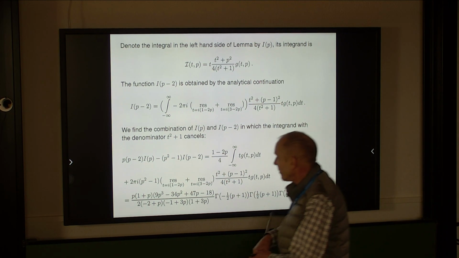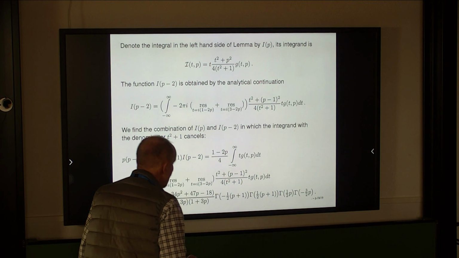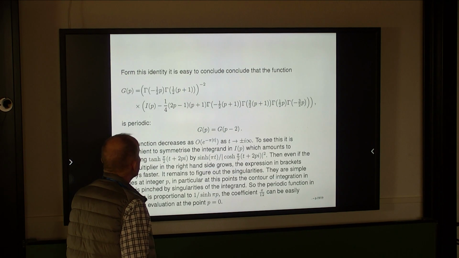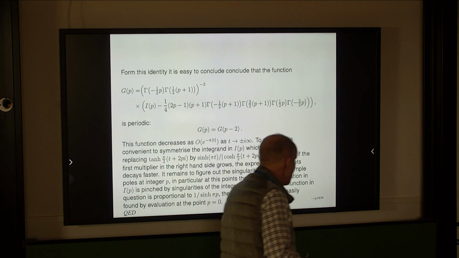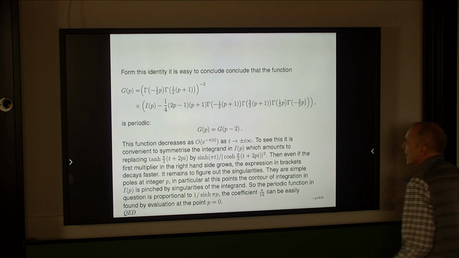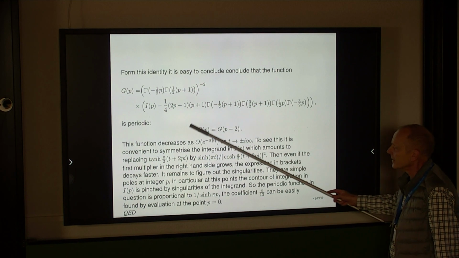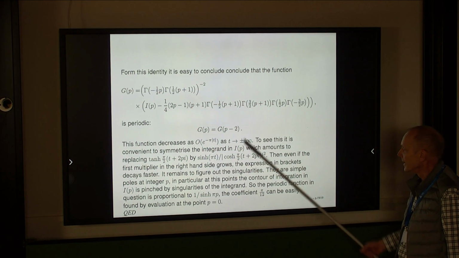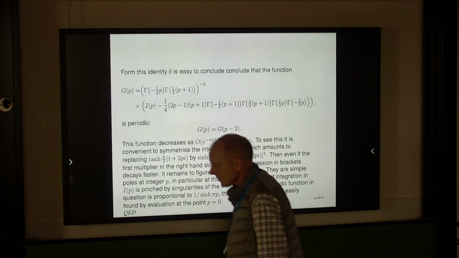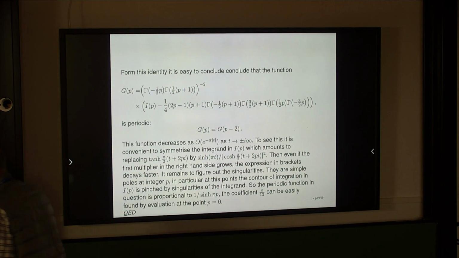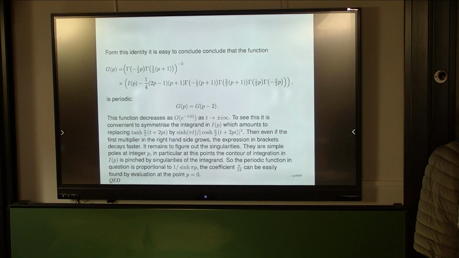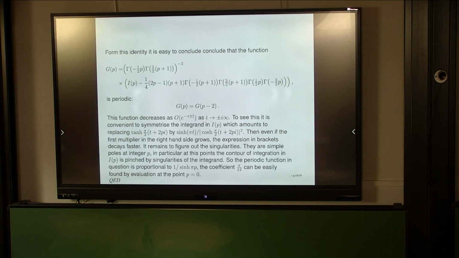And so now I am happy, almost, because then the function like that is periodic. And the only thing I have to do is to fix it. So it is periodic, and it's easy to see that it is also decaying.